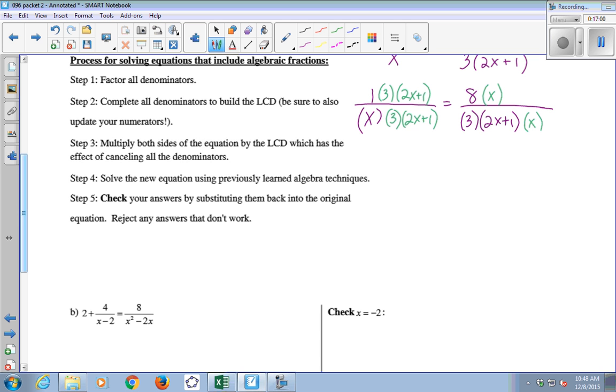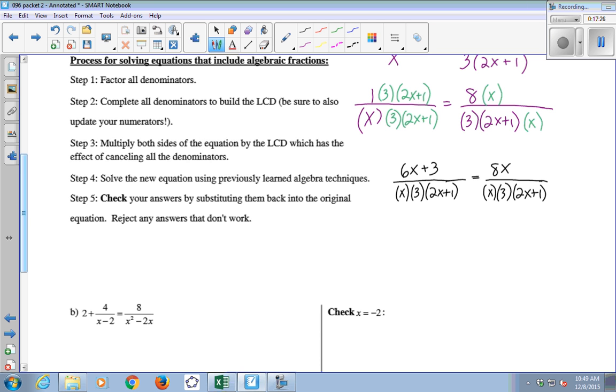I'm going to multiply my numerators. So I'm going to get 6x plus 3 over x times 3 times 2x plus 1 equals 8x over x times 3 times 2x plus 1.